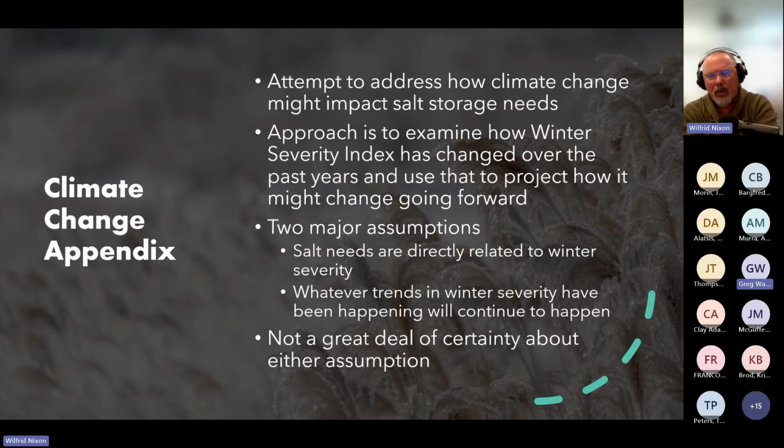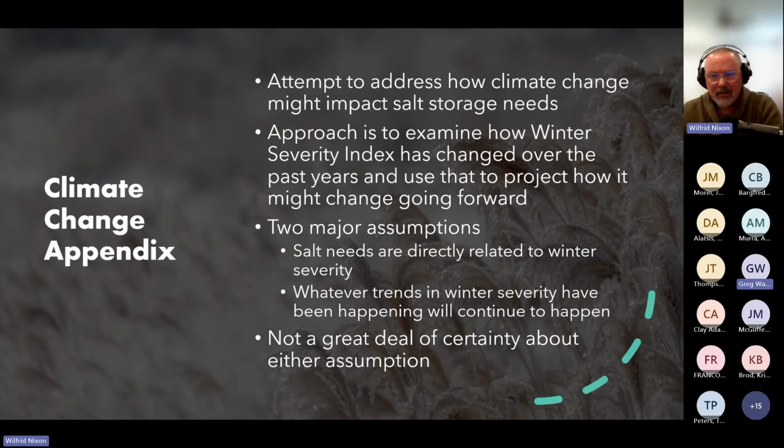That is one of the purposes of some of the winter severity index tools out there, but not necessarily all of them. So you would need to check and make sure that the winter severity index that you use is appropriate if that is what we are trying to do with it.